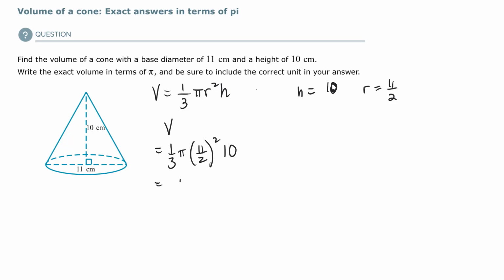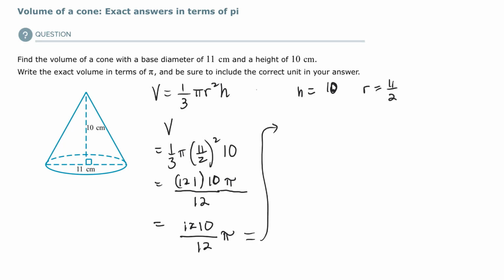So we got 121 times 10 all over, let's see, 12. Oh, did I forget a pi? Here, there's the pi. Let's simplify that a little bit more. That's 1210 over 12 times pi.